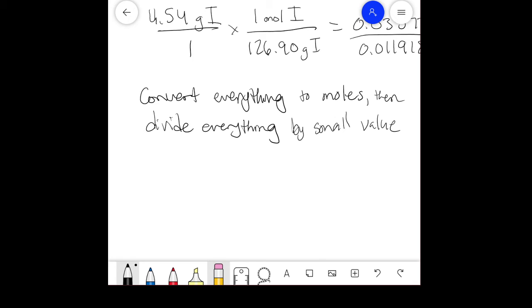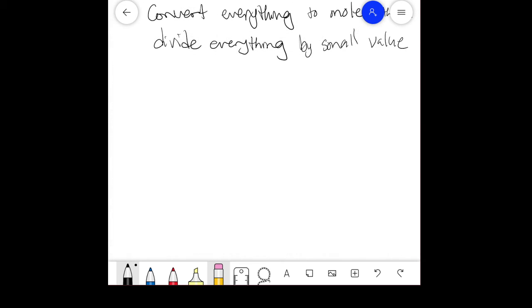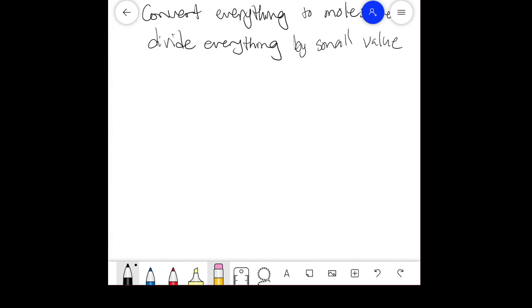Okay, so now say you have the empirical formula, and in this question it gives you the empirical formula and it gives you the formula mass. So now you are able to find the true molecular formula of this compound.